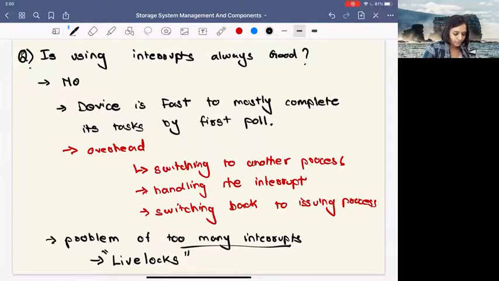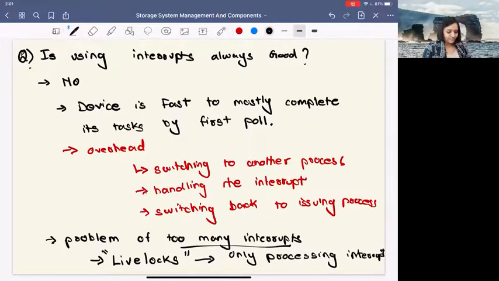What do you mean by live locks? If you have never heard that term, it is when a process, basically process 1 or process 2, any CPU process, is only processing interrupts.